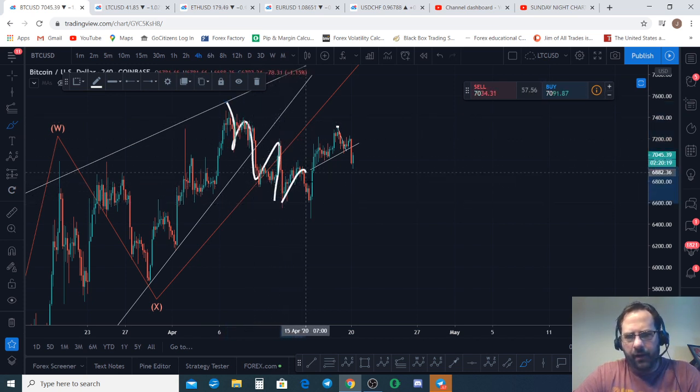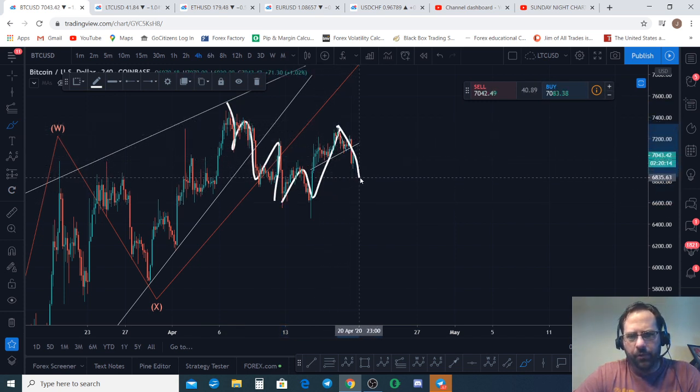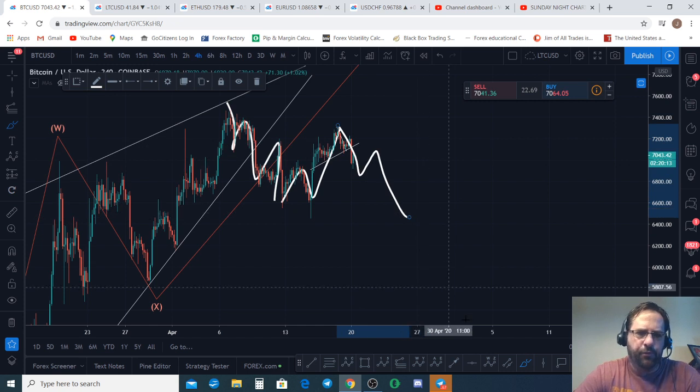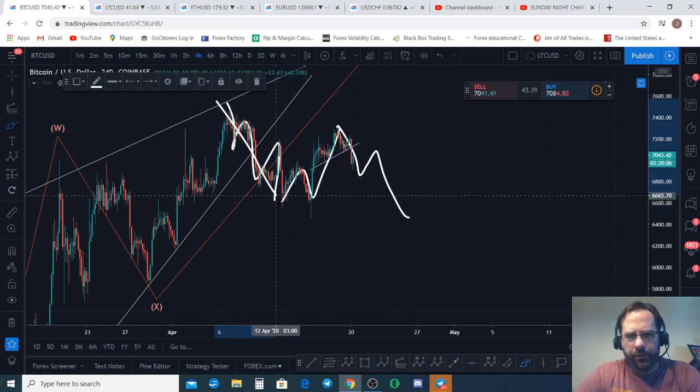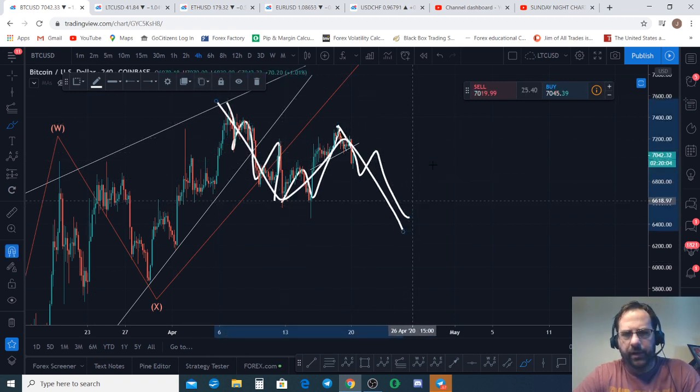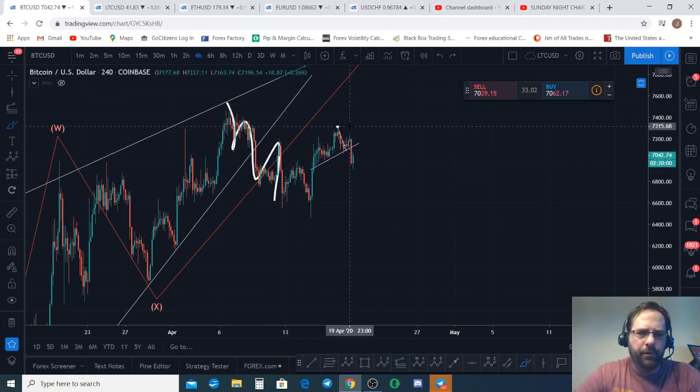You've got an expanded flat, and now we're having a move to the downside. It needs to be a three wave move heading to the downside. Okay, that's the way it needs to unfold. If it's going to be a 3-3-3 WXY, I'm not so sure, based upon the way this is starting, that that's the case.